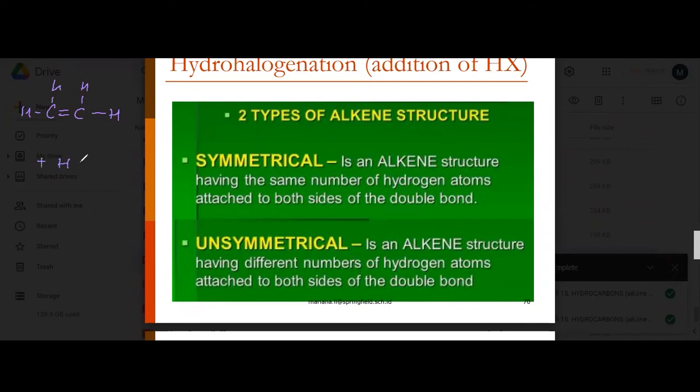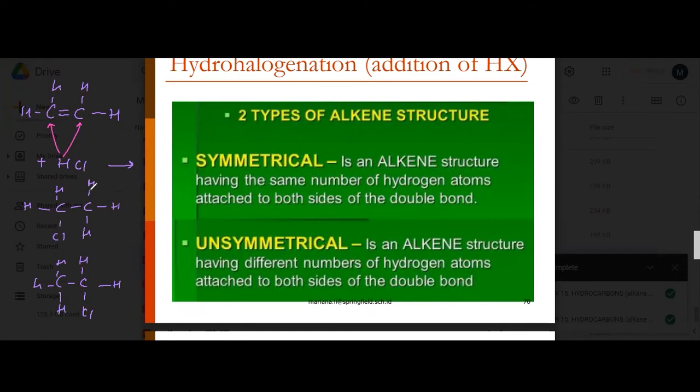If you add HCl, for example, no matter whether H goes to this C or this C, the product is always chloroethane. It could be this or it could be this. This is called a symmetrical alkene.